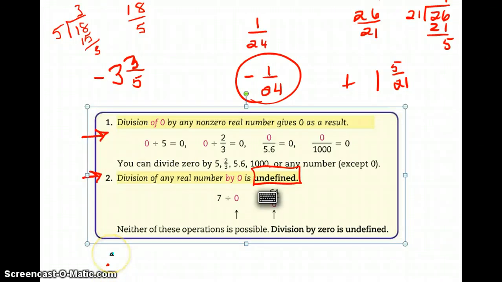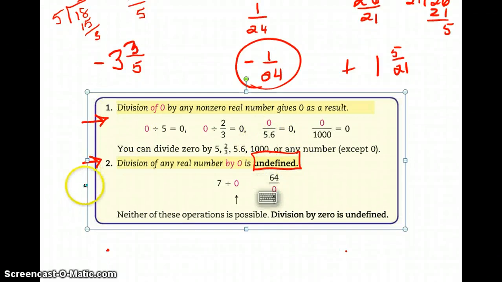So 7 divided by 0, your answer is undefined. 64 divided by 0, your answer is undefined. It's not possible to do that division. Okay? Neither of those can be done. Anytime you encounter that type of problem where you are either dividing by 0 or you have 0 in a denominator, you tell me that the answer is undefined.